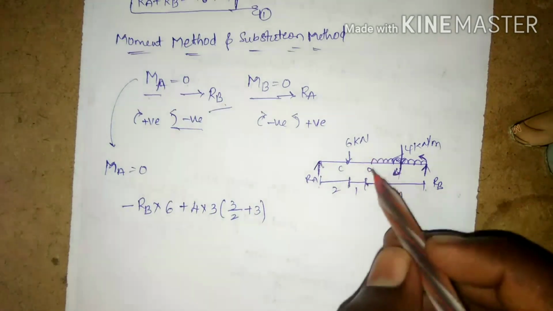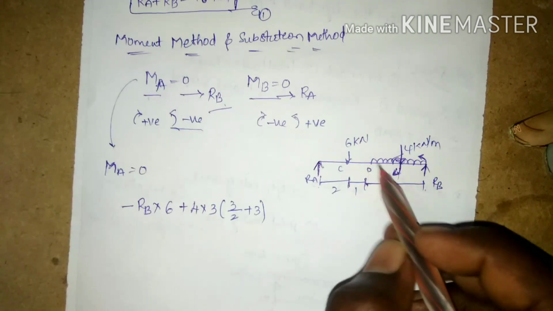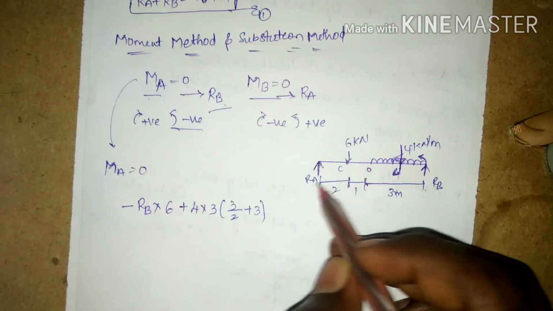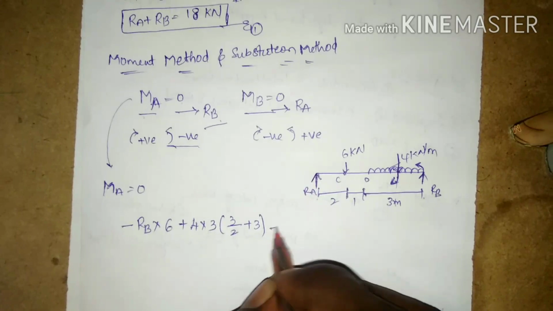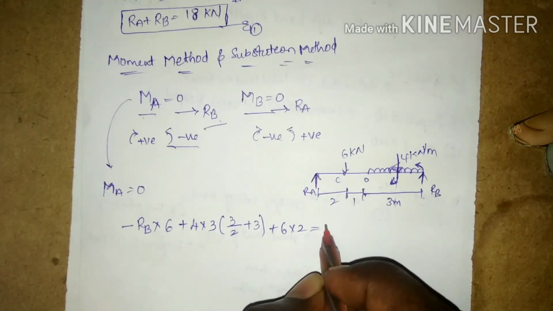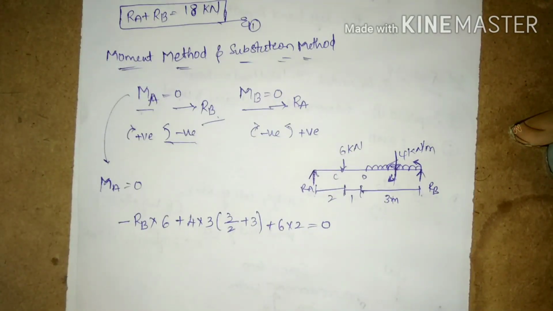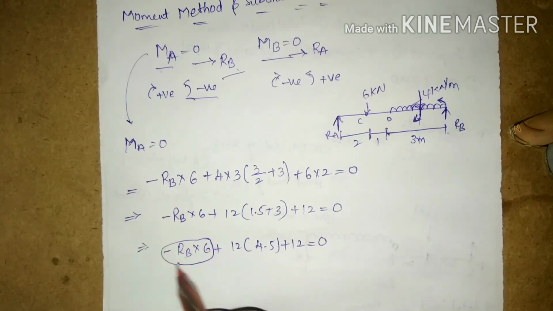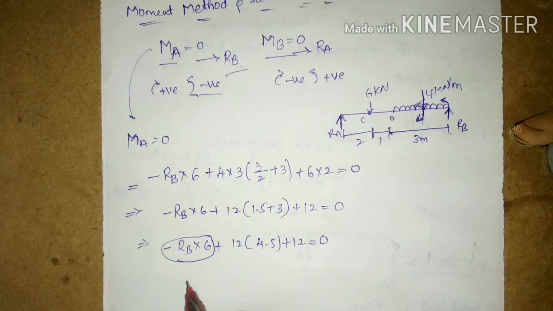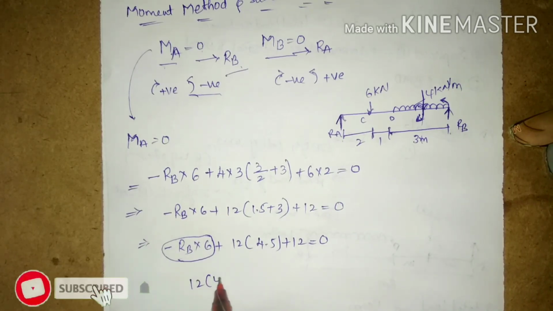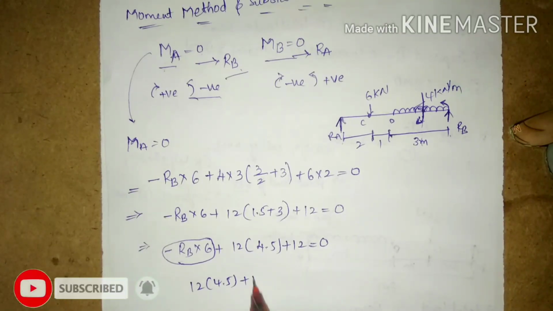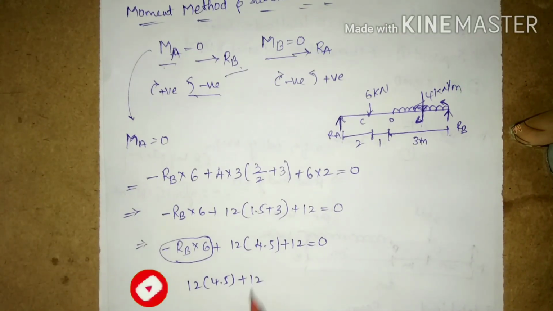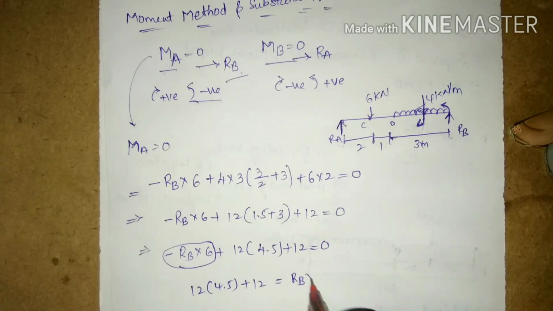And thereafter, after the UDL, we have a point load at a distance of 2 meters from RA, plus 6 into 2 is equal to 0. After simplification of this equation we get the RB value. Sending the negative RB into 6 after the equals sign, it becomes positive: 12 into 4.5 plus 12 is equal to RB into 6.